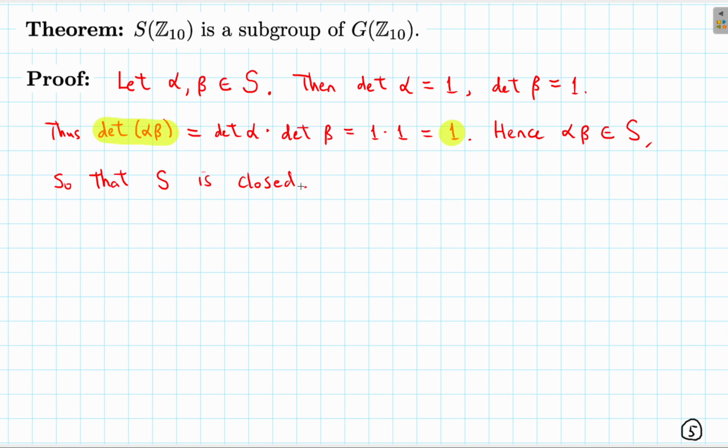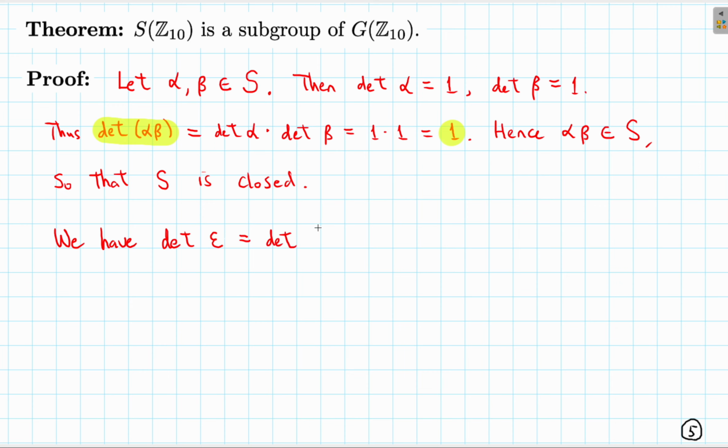Now let's do mini proof number 2, namely the identity element is in S. And so we can just do it right under here. We ultimately want epsilon to be in S, remember that, and that means we need to show that its determinant is equal to 1.